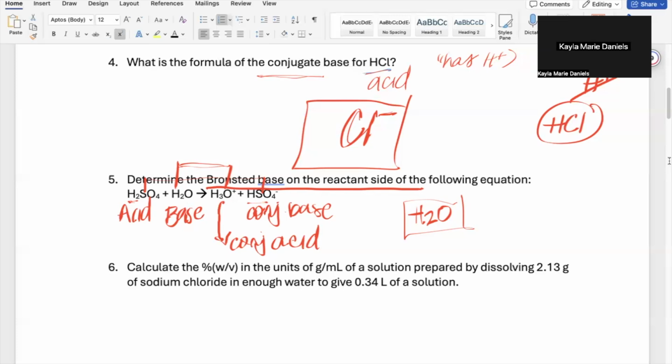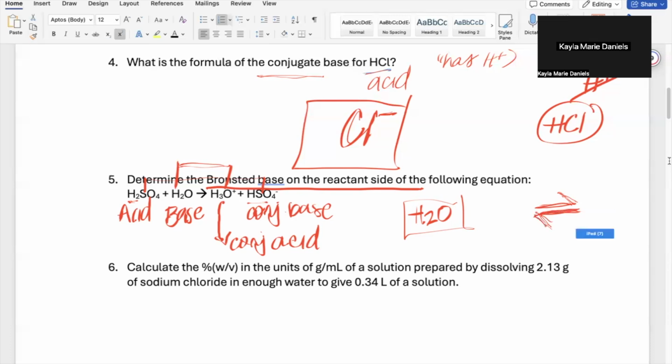I got a question though. What about when the arrows are like half arrows? Oh, like this? That's how it was on the OWL or on the knowledge check. It asked about the Bronsted base, and it took me a minute to get it, but it was the half arrows. Yes, like that. So how do you determine it then?